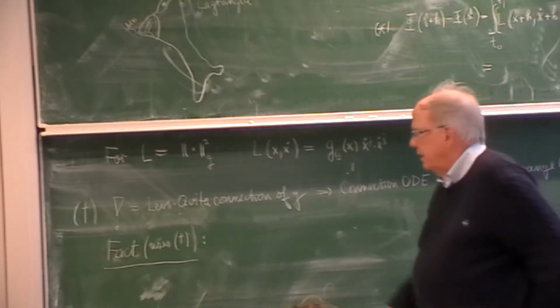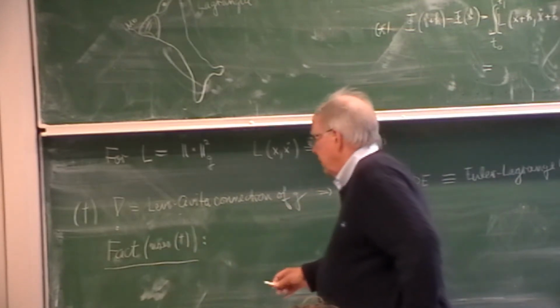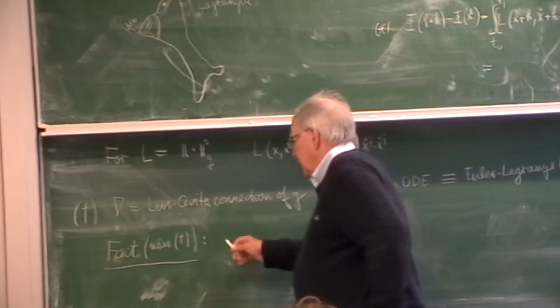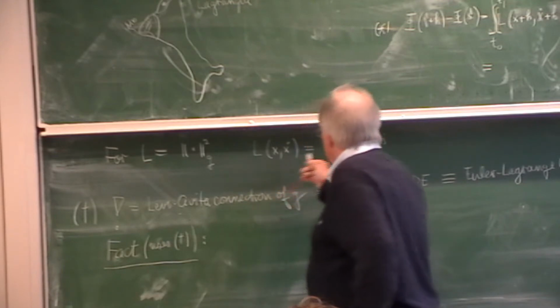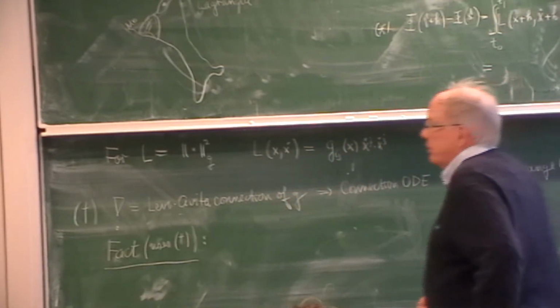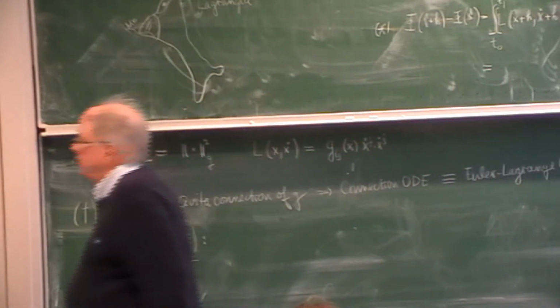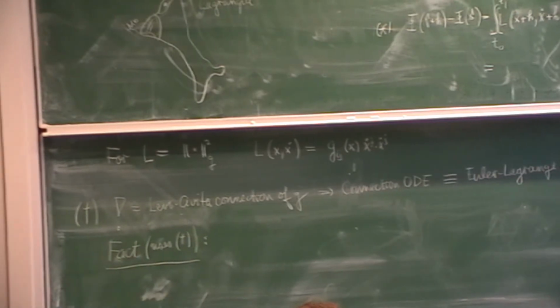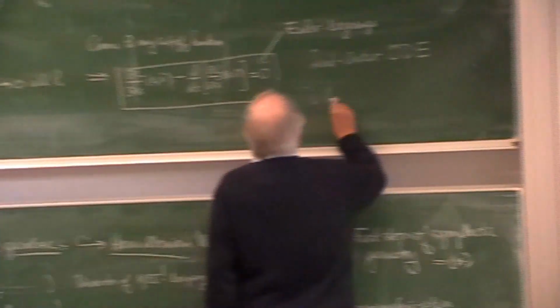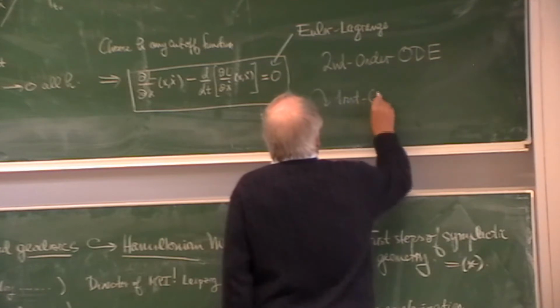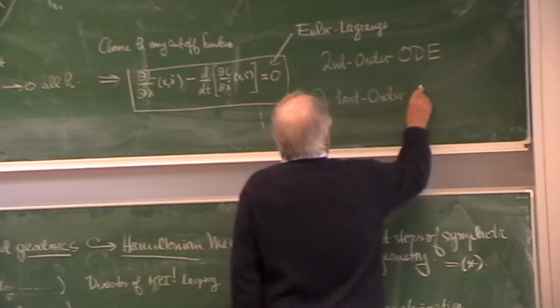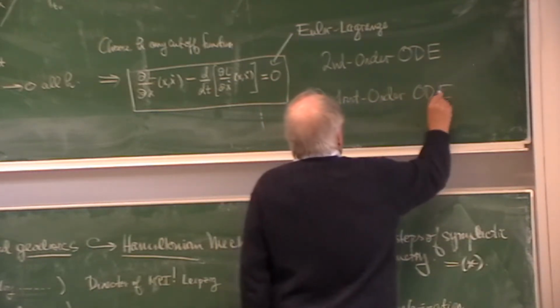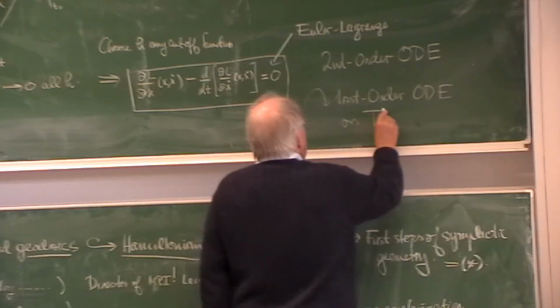Here is a fact that uses this. So this is a second order ODE. Where did I write this? All right? And this is then a first order ODE on the tangent bundle.